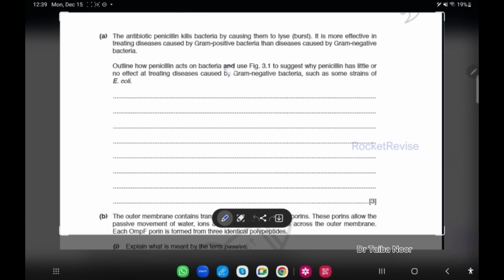Now the second part after and, to suggest why penicillin has little or no effect at treating diseases caused by gram-negative bacteria. We will write 3 points for it as well.